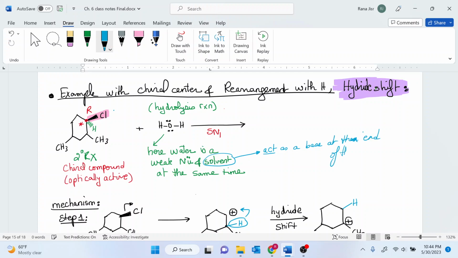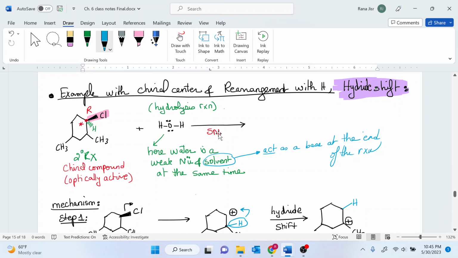Always. So if there is an extra hydrogen in the solution, they are going to come and take the extra hydrogen. So they're going to act as a base to take the extra hydrogen in there. This is why in SN1 reaction, it's so important to have a solvent, because always you want your product to be neutral and you don't want your product to have a charge.